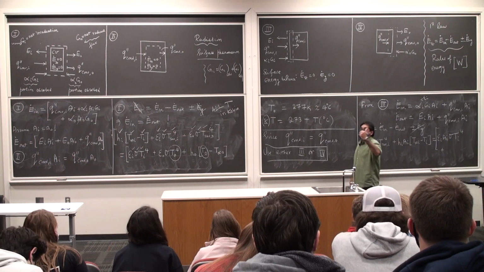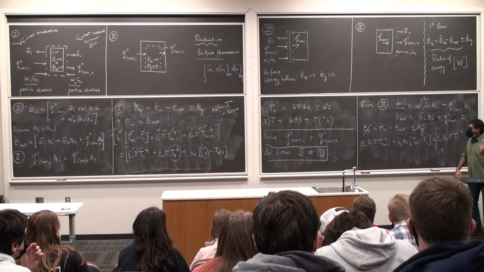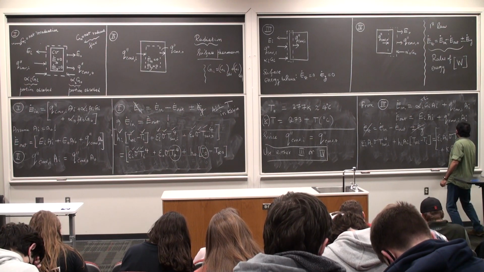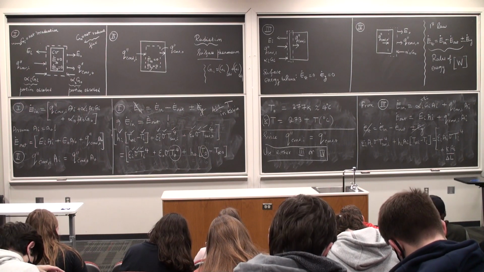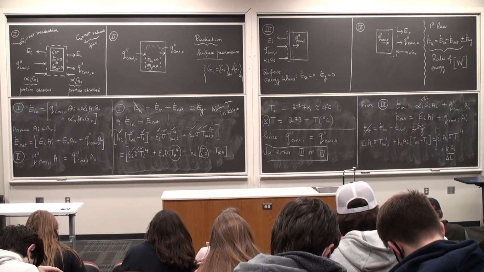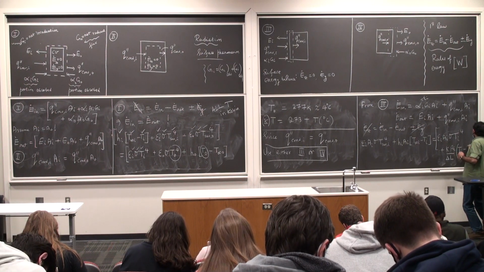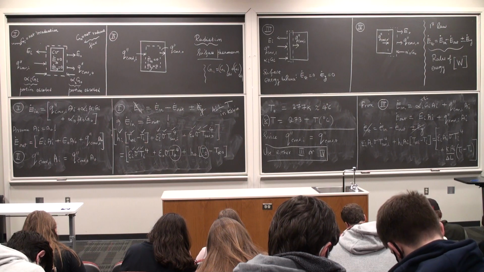So the temperature T high is T I, T low is T out. K times area over thickness, which is 2 centimeters given in the problem, times T I minus T naught.